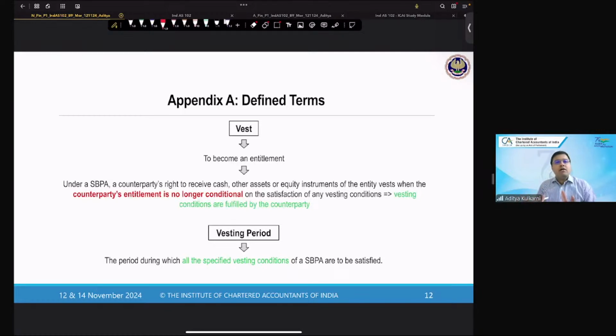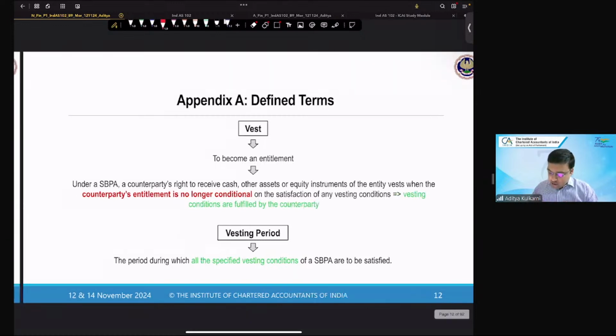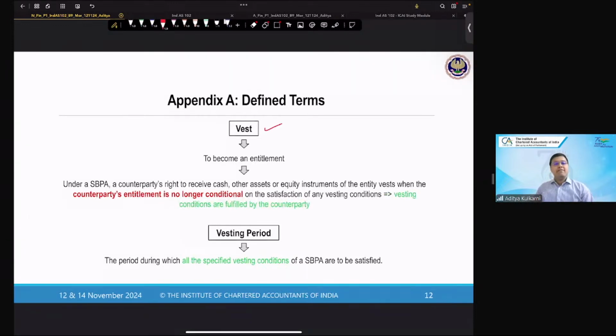That act of the options becoming entitled to the employee is known as vest. Suppose an employee's worth can be judged in 2 years. Then they will say that after 2 years, these options will vest.